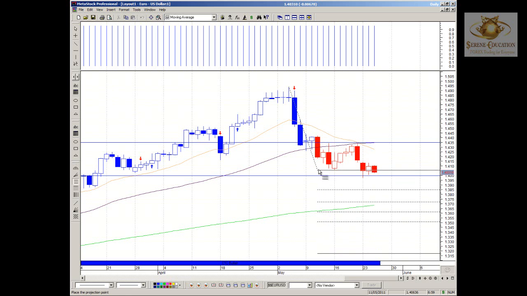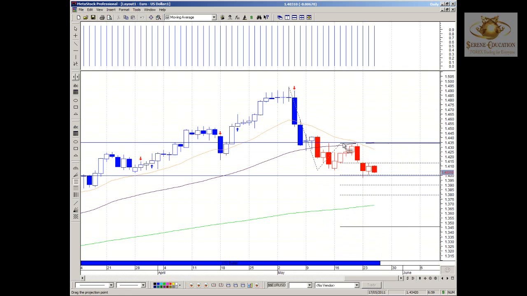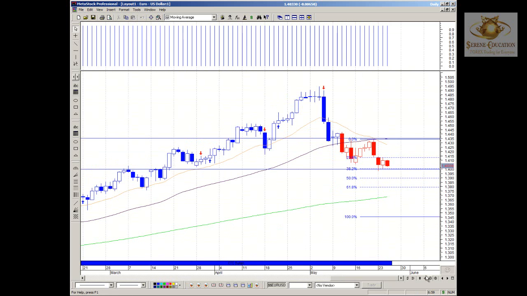If I do a fib projection, you'll notice that the area at 1.4000 is the 38.2% fib area, a very strong Fibonacci projection area. And then if we break below that, obviously 50% would be tested, 61.8, and 100 at 1.3450, which would be the 100% extension of the initial move to the downside.